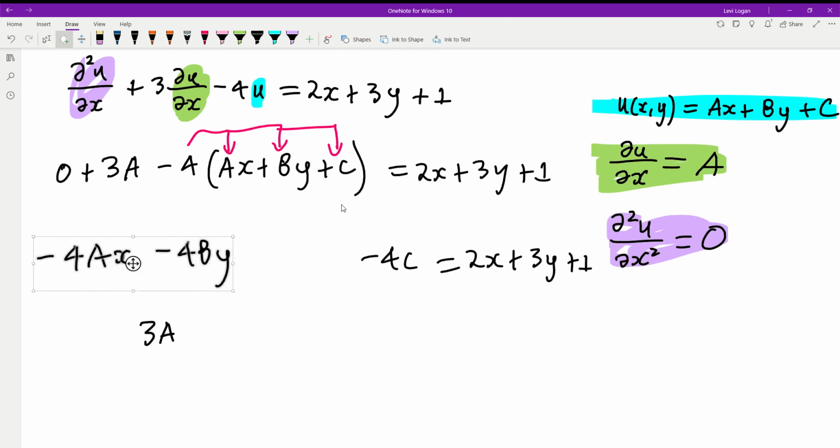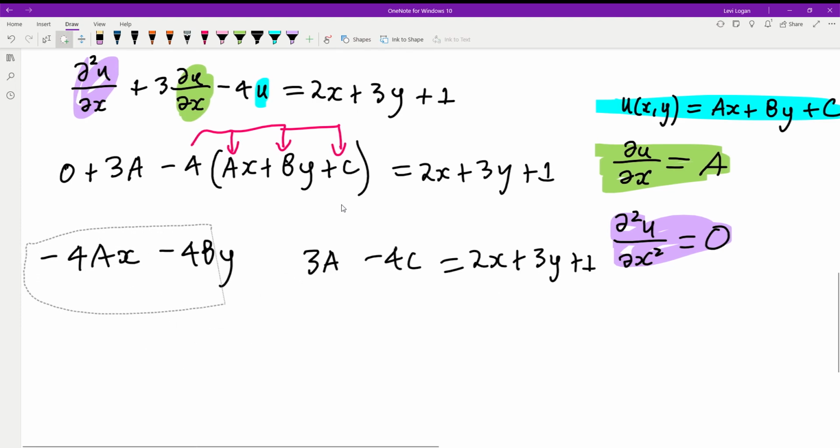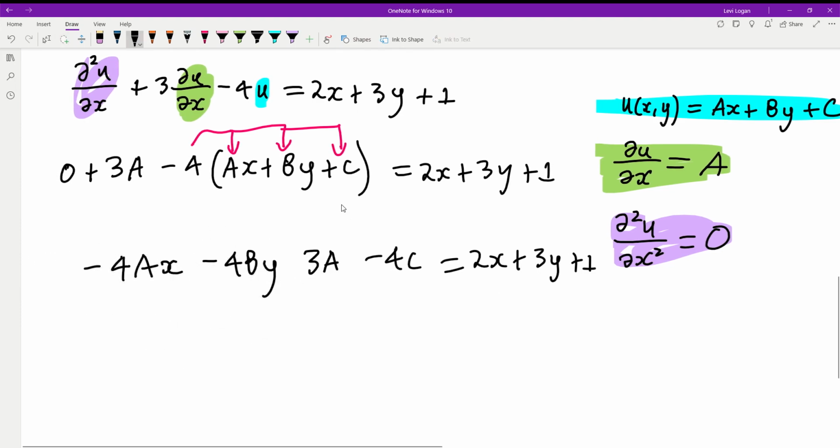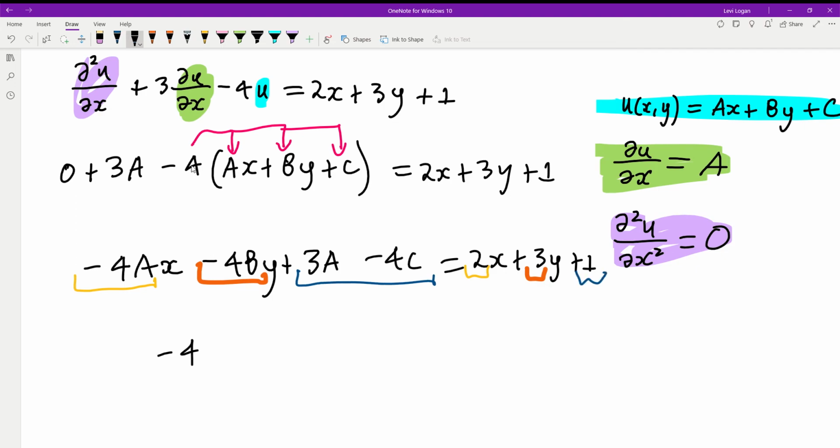This coefficient is the only thing with x, so it must be equal to 2. This coefficient is the only thing with y, so that must be equal to 3. And this entire thing here is a constant, so it must be equal to 1. So from this we get negative 4a is equal to 2, negative 4b is equal to 3, and 3a minus 4c is equal to 1.